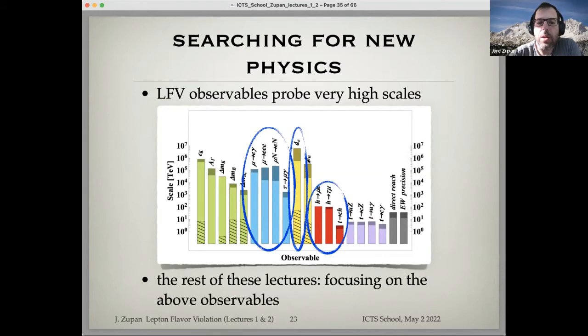Then there are also CP violating ones: the neutron electric dipole moment, the electron electric dipole moment. So here it's the same story, the darker is the projections, this is the present. And then the Higgs decays, so Higgs to mu e, Higgs to tau mu.